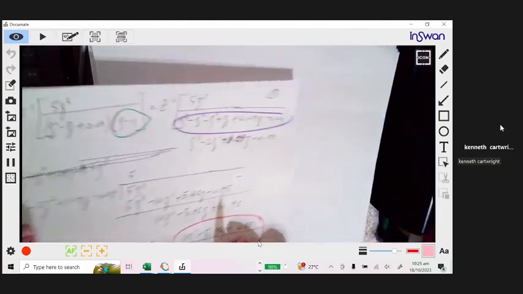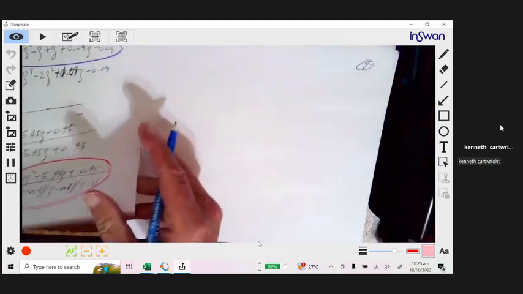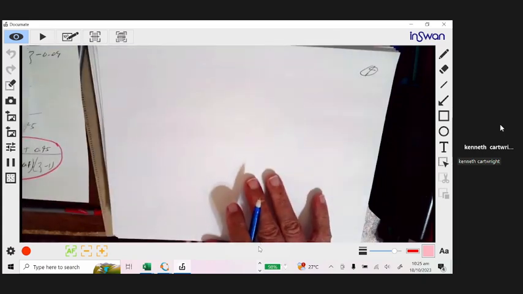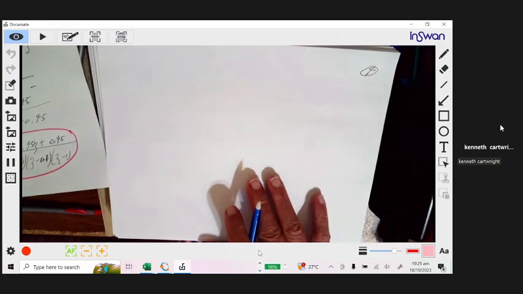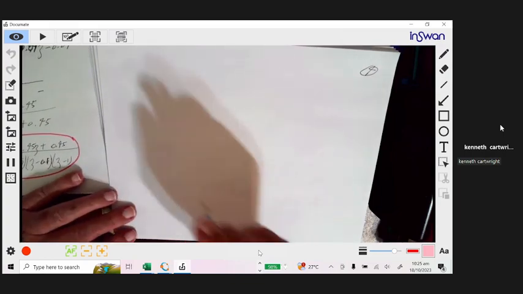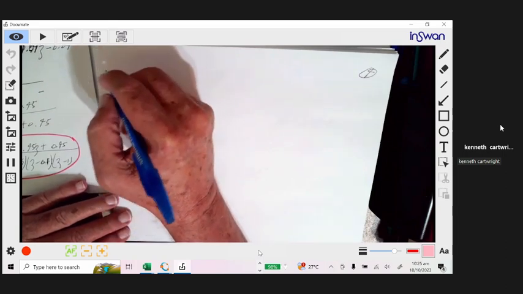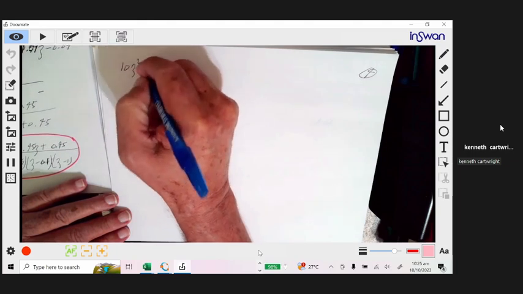So this is just algebra that I'm doing here. So we need to find the inverse z of this. So let's just concentrate on this part of it.